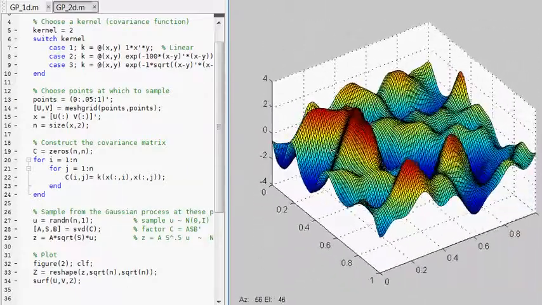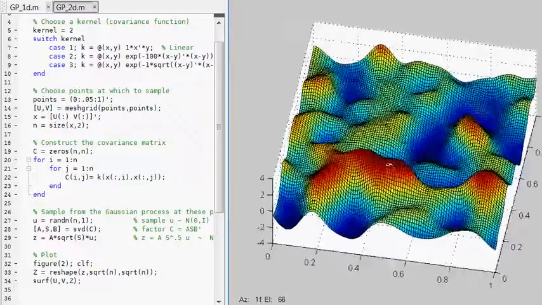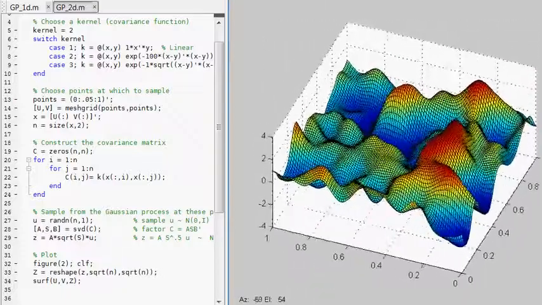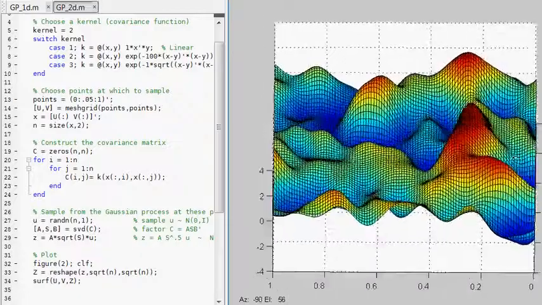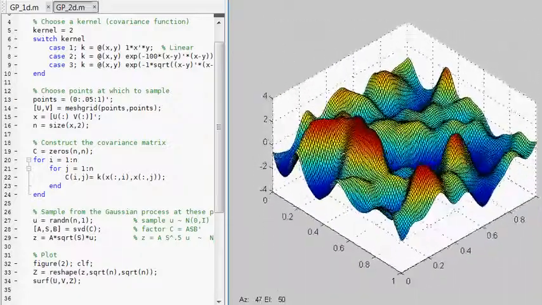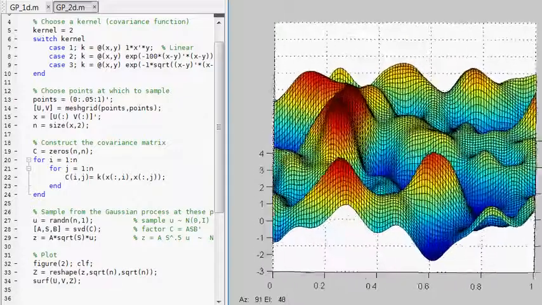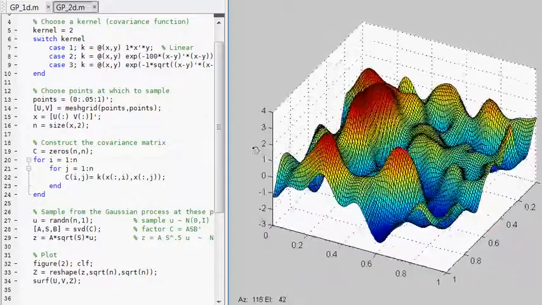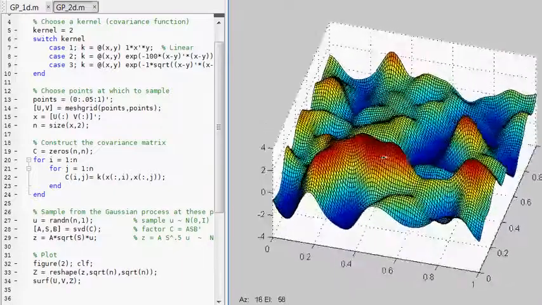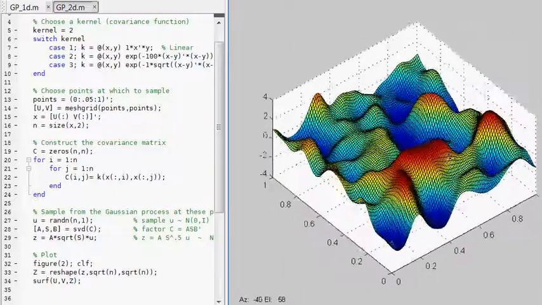Rotate it around, and you get this beautiful thing called the Gaussian random field in the 2D case. That's just terminology. It's a Gaussian process in 2 dimensions. And this is one sample from that Gaussian process with the squared exponential covariance function. Pretty neat, huh?